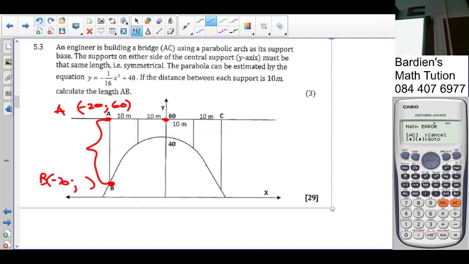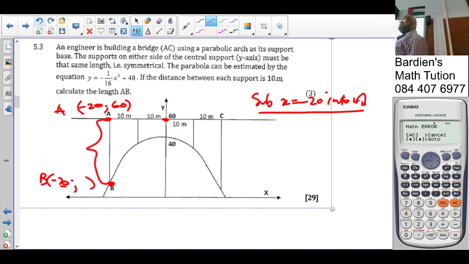Negative 20 and some y value. Not so? How do I get that y value? You're going to substitute x is equal to negative 20 into your parabola. Not so? So we go y equals negative 1 over 16 into negative 20 squared plus 4.